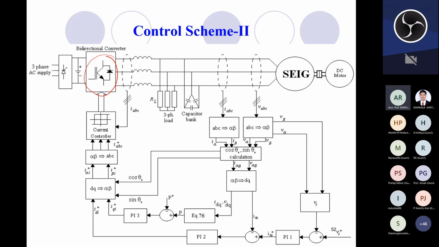In the earlier scheme, the target was to stabilize the voltage, but here in this scheme the target is to generate a certain amount of active power. So that is why active power reference is taken as well as the voltage reference is taken. So here this three-phase supply is not taken from the voltage generated by the induction machine.